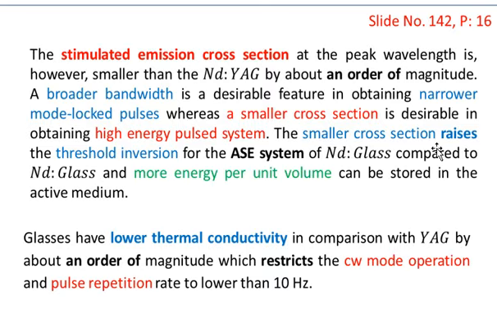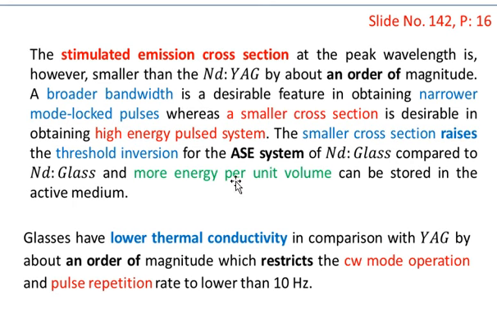The smaller cross-section raises the threshold inversion for the amplified spontaneous emission system of the Nd glass compared to Nd-YVO4, and more energy per unit volume can be stored in the active medium.